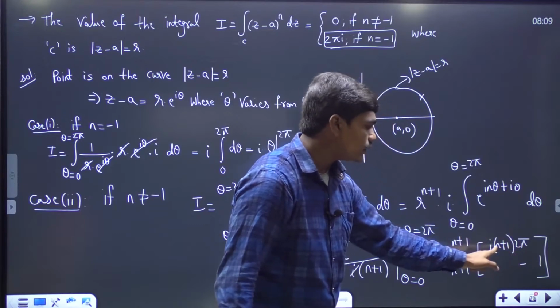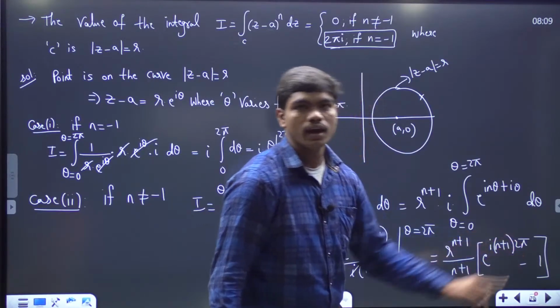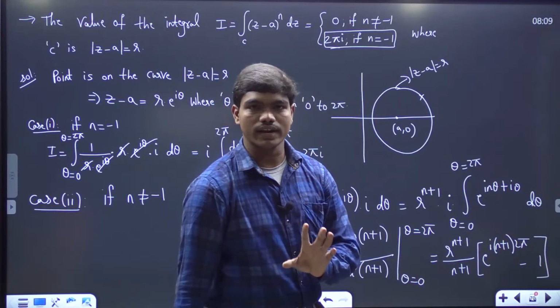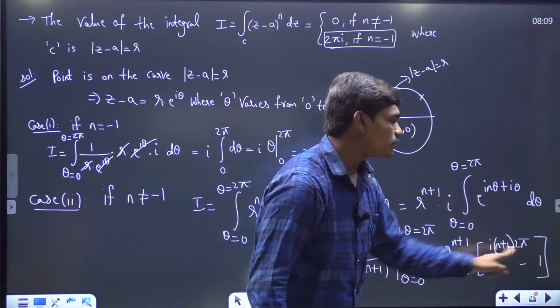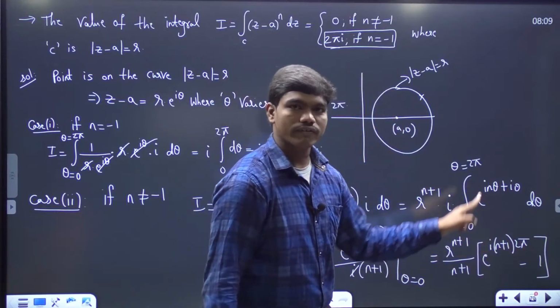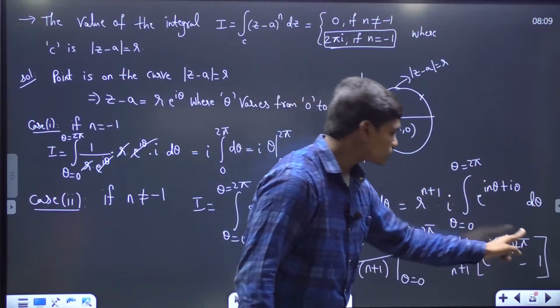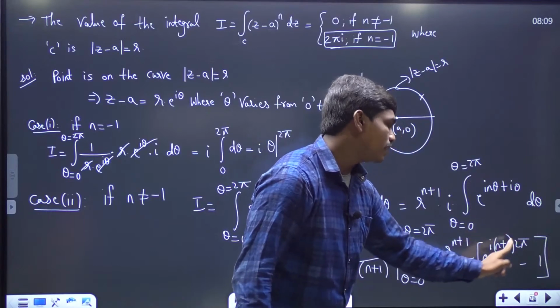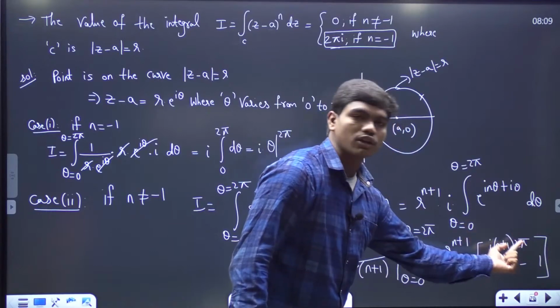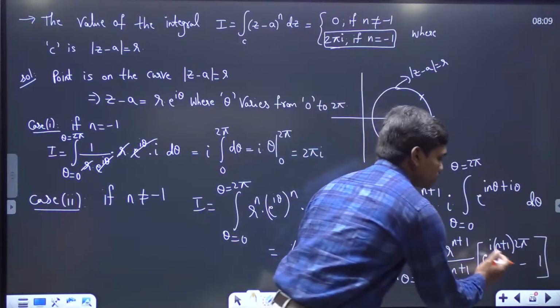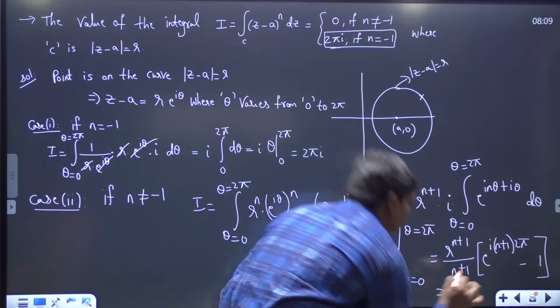So if you write these two ahead, you have 2 times of n plus 1 into pi, and 2 times of n plus 1 is an even number, correct? Cos of even multiples of pi is 1 and sine of even multiples of pi is 0. Since this power is of even multiples of pi, e power i into this even multiple of pi is 1. So this is 1 minus 1 and this value is 0. Clear?